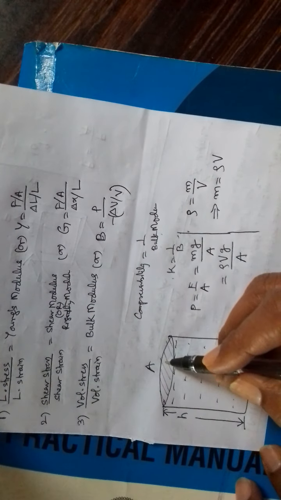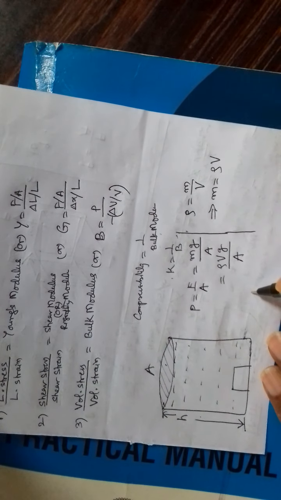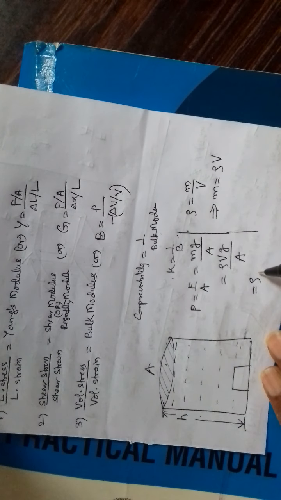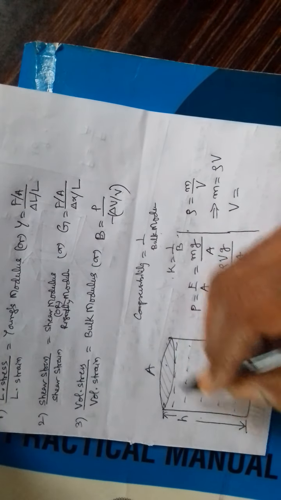Cross sectional area into height gives the volume of the cylinder, and that gives the volume of the water. So here you can write rho into volume, and volume is cross sectional area into height.